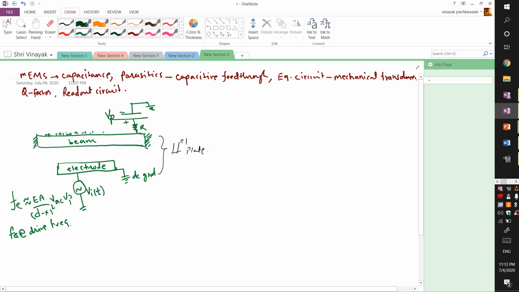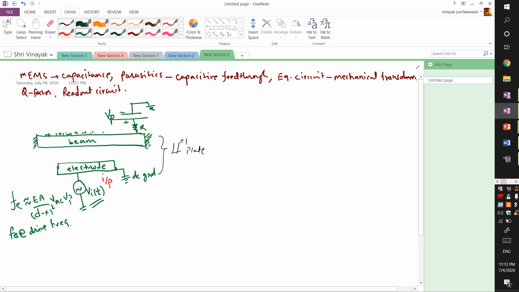All right, so where is the output? We have an input of this circuit over here. We say that this is the input of this mechanical circuit now, and where is the output? Output we can take from this end.